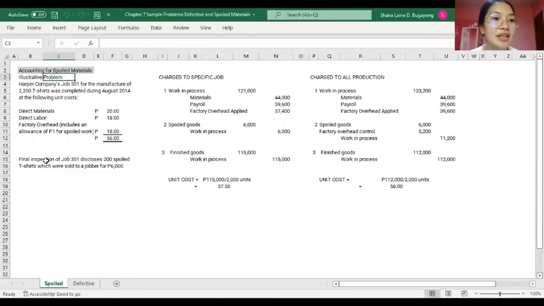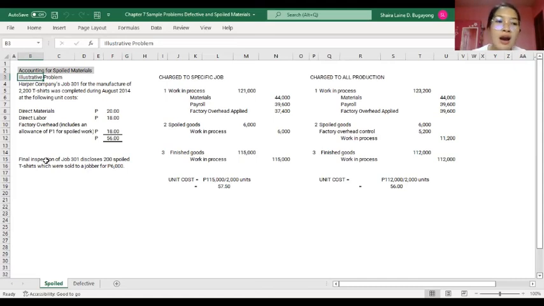I have here an illustrative problem. Harper Company's job 301 for the manufacture of tutu t-shirts was completed during August 2014 at the following unit cost. Ang their materials is 20, their labor is 18, factory overhead that includes an allowance for 1 peso for spoiled work is 18.